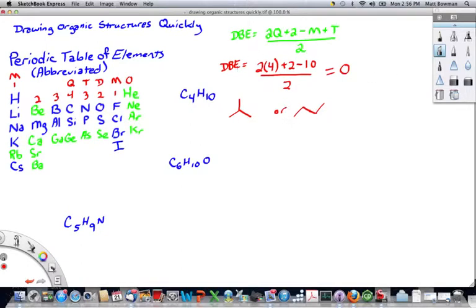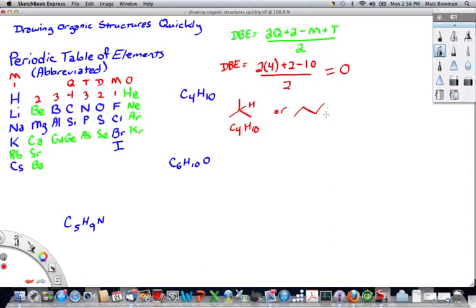Now, we don't have any double bond equivalents, so we don't add any pi bonds or anything like that. So these 2 structures match the formula C4H10. And we can even count it. This has 4 carbons, and then this is CH3, so we have 3 hydrogens, 3 hydrogens, 3 hydrogens, that's 9 hydrogens, plus the 1 hydrogen in the middle, that's 10.